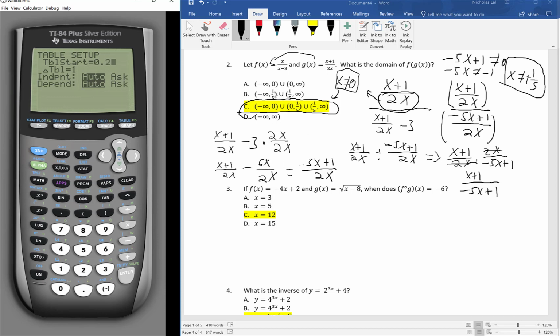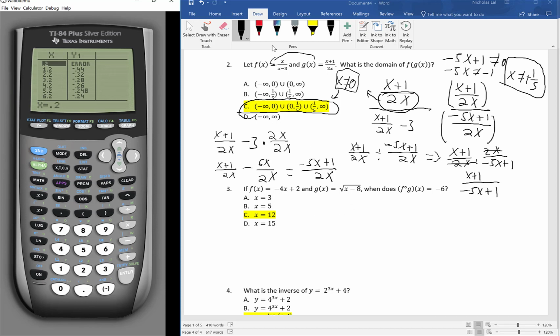And we know that because we can look at the table start at 1/5, because that's a domain restriction given in the multiple choice answers. So that's a good hint on something to check. And at 1/5 we also have an error. So that's another way, plugging it into the calculator and then looking at the domain restrictions. Anytime there's an error, there's going to be a domain restriction. All right. So that was number 2.